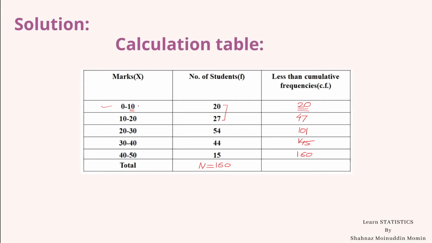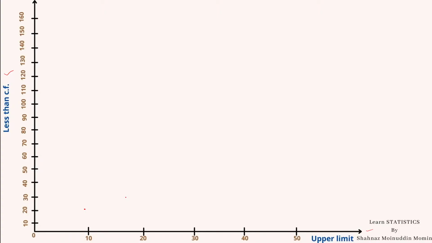So we plot a point with 10 on the x-axis and 20 on the y-axis. Here this is the point with 10 on the x-axis and 20 on the y-axis. Similarly, we plot the remaining points.